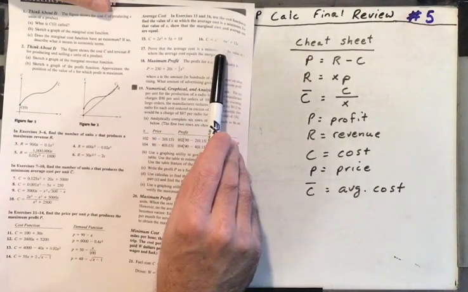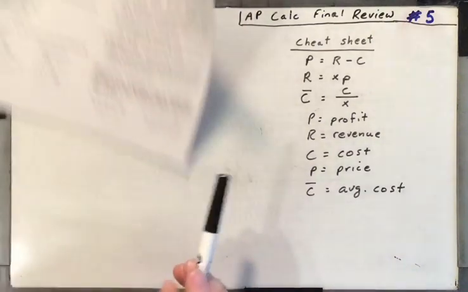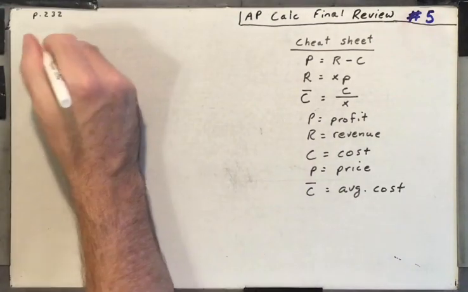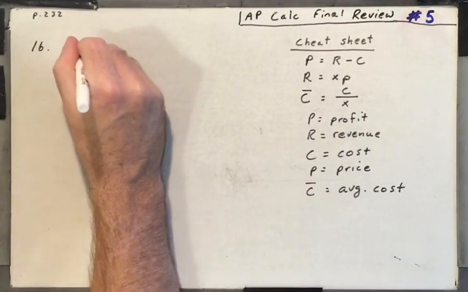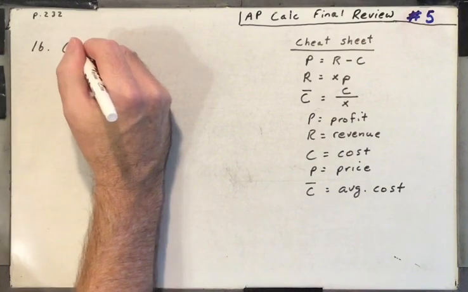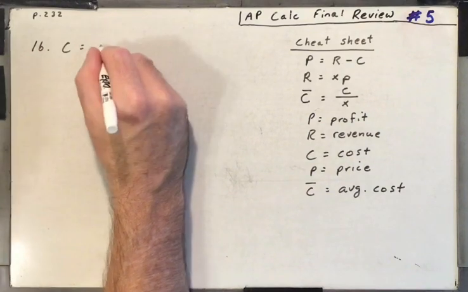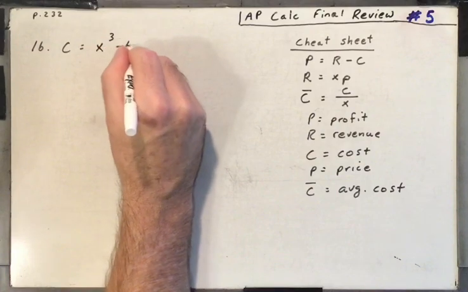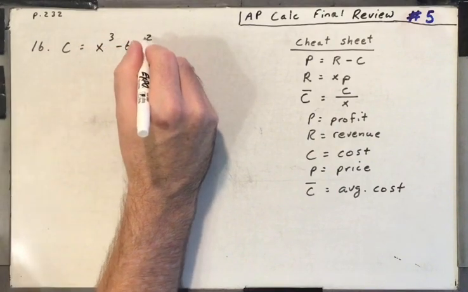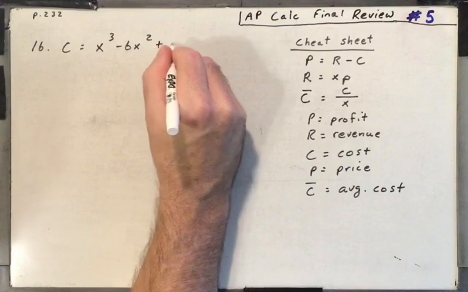So if I can read this, it is our cost function C is equal to x cubed minus 6x squared plus 13x.